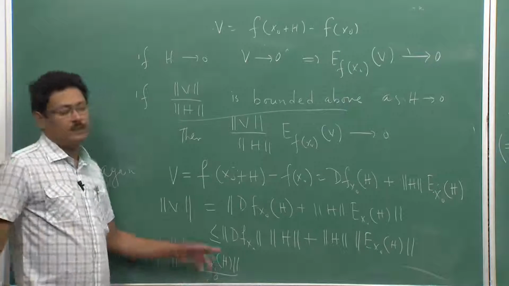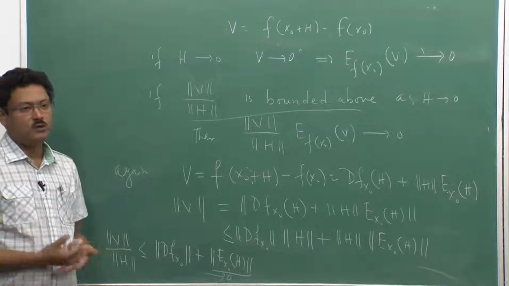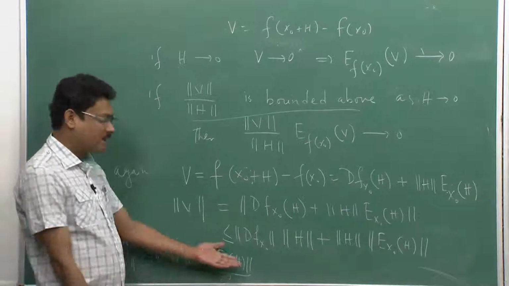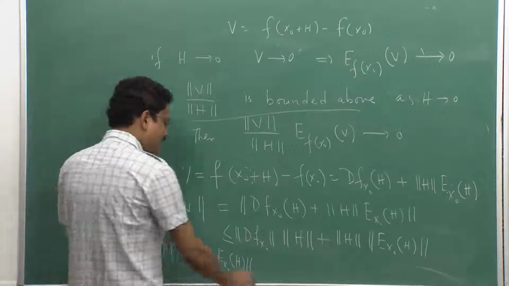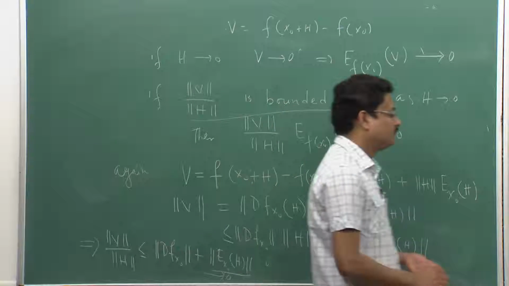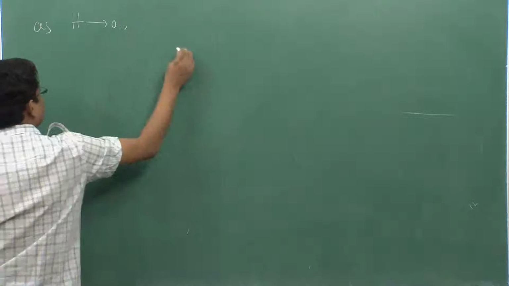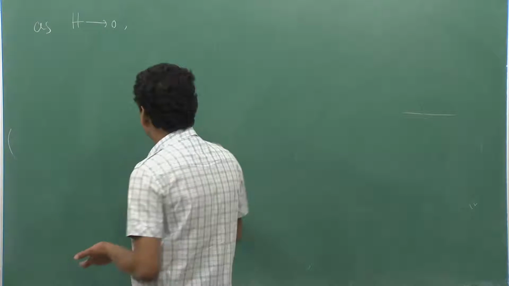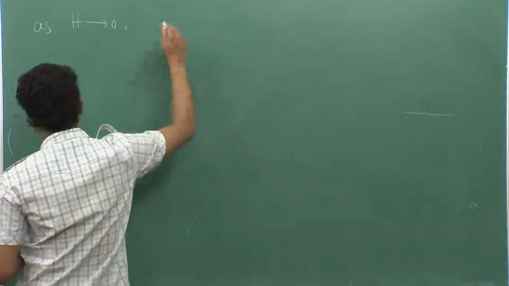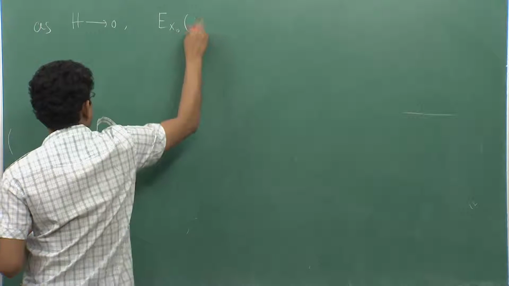Now, this quantity goes to 0 as h goes to 0. So, after a certain h I can say this is less than 1. As h goes to 0, E x naught h goes to 0.